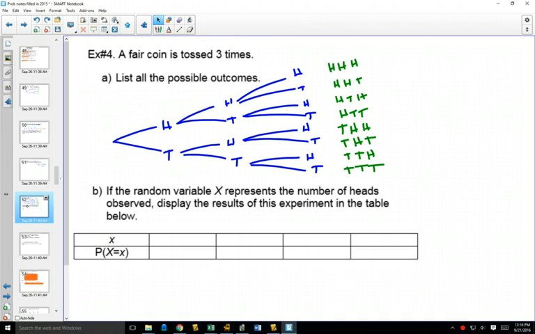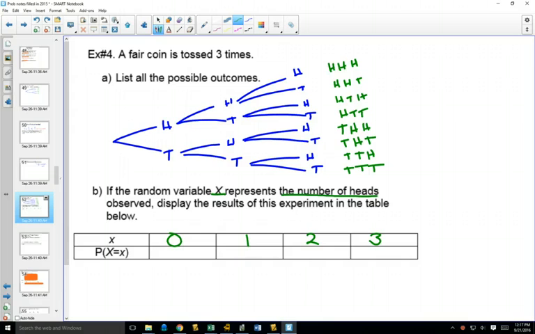Here's a big tree diagram of a coin tossed 3 times. If we stay with the possibility that X is the number of heads that you could get, what are our possibilities? You could get 0 heads, 1, 2, or 3.